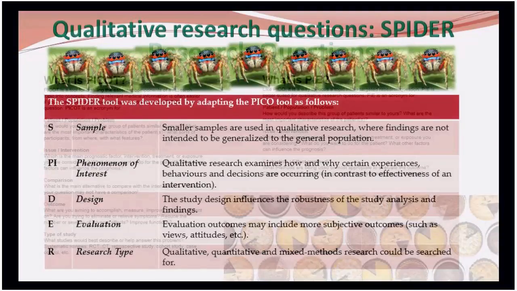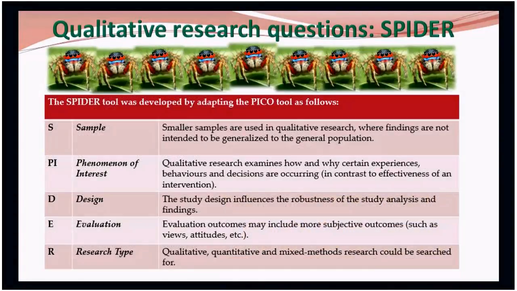Another approach is the spider approach, and I particularly enjoy this one. It's the sample or participants, the phenomena of interest, the design, the evaluation, and the research type. So if you look at the phenomena, adherence is a phenomena.